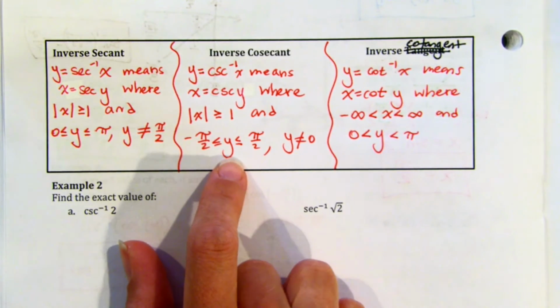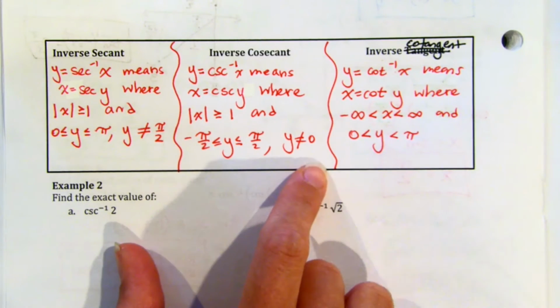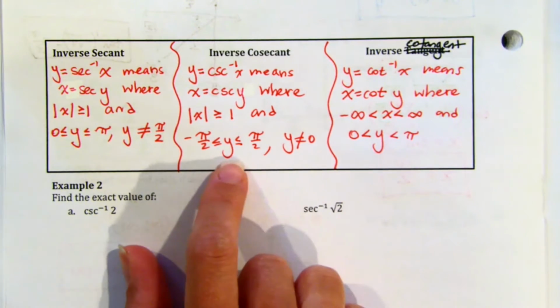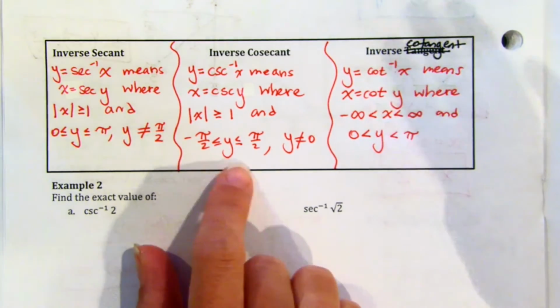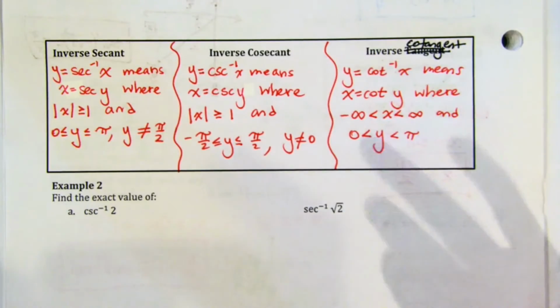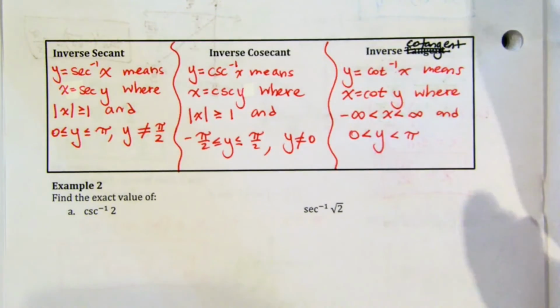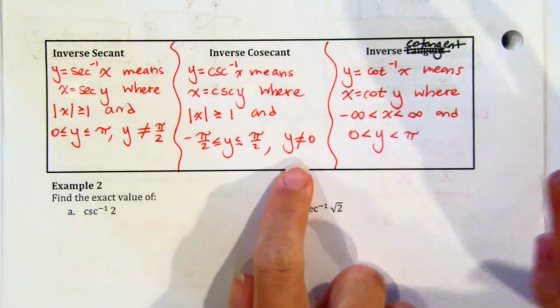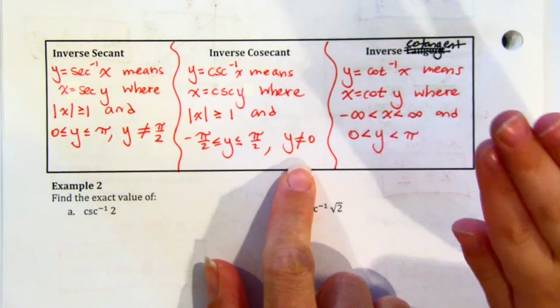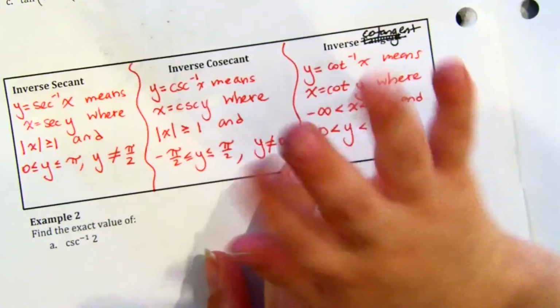And our y value has to be between -pi over 2 and +pi over 2, and it cannot be equal to 0. That makes sense because inverse sine is between -pi over 2 and +pi over 2, and 0 is where the cosecant is undefined.